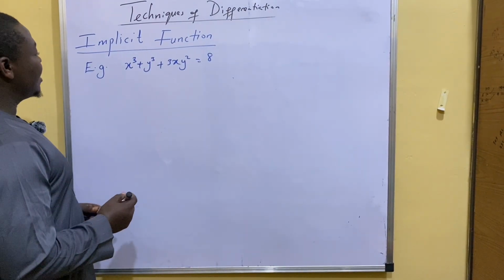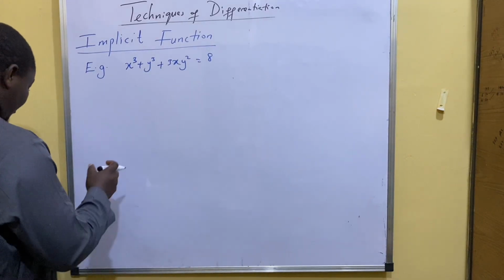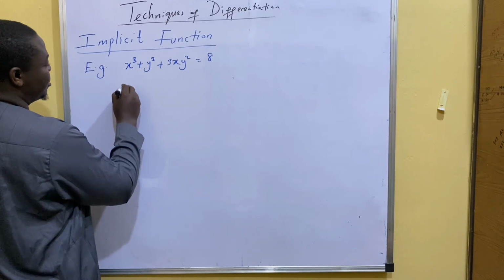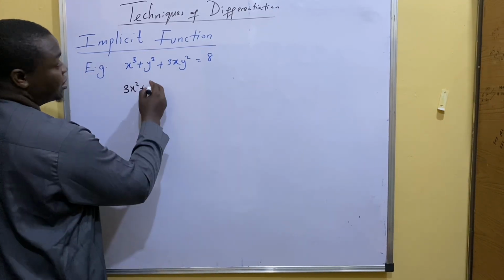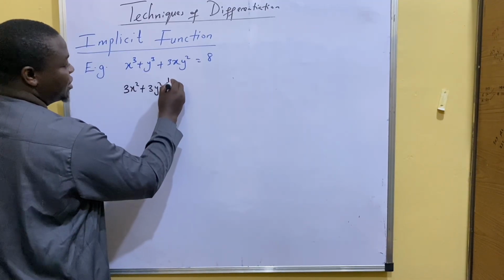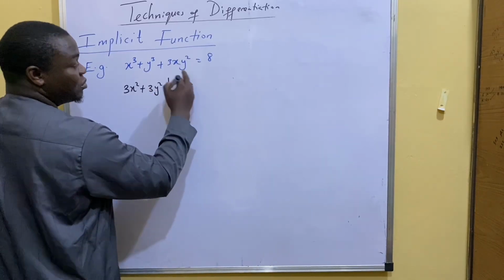So now, let's look at another example on implicit functions. Again, don't forget we differentiate term by term. Differentiating x cubed, we have 3x squared. Differentiating y cubed, we have 3y squared, but whenever we differentiate that, we have dy/dx. Plus, this one we apply the product rule.